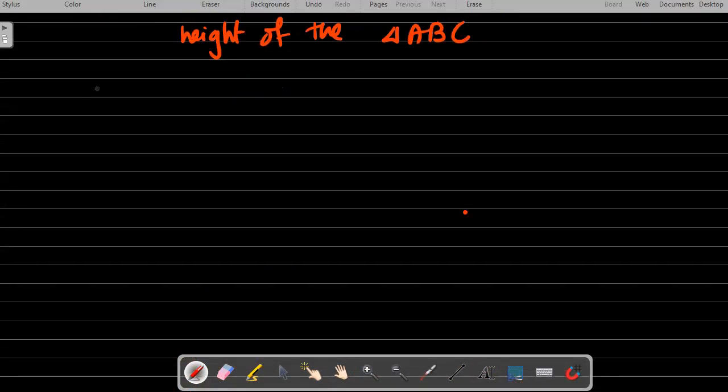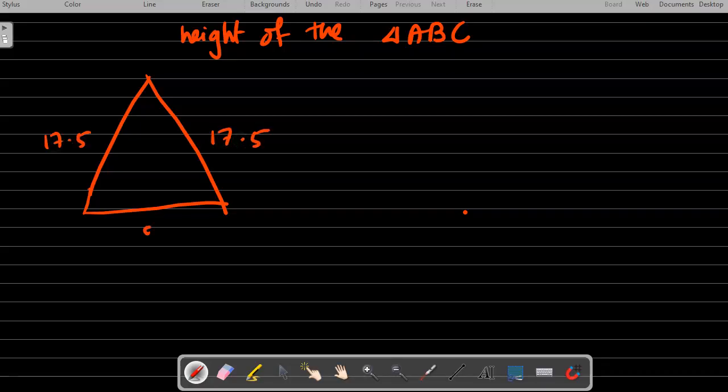So this triangle is an isosceles triangle. So this is 17.5, this is 17.5, and this is 21. Now in an isosceles triangle, how do you find the height? You draw this height, this altitude, and this is 90 degrees. Now this is b by 2, half, that is 21 by 2.